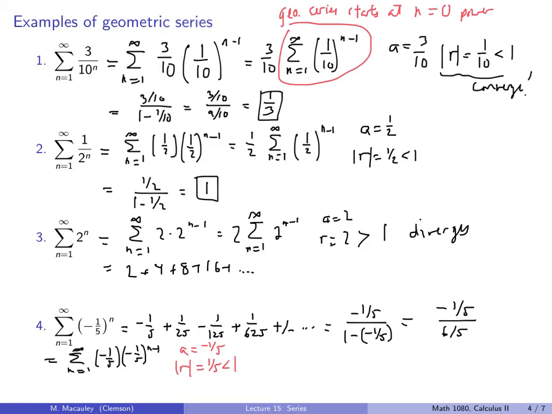Dividing by 6/5 is times 5/6. I almost got that backwards. These are going to cancel, and this is negative 1/6. So it's really easy to make an off by 1 mistake here, or a negative sign error. So let's go back and check to make sure that this answer is believable.